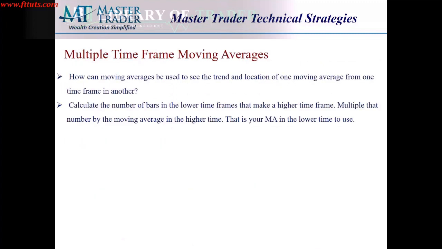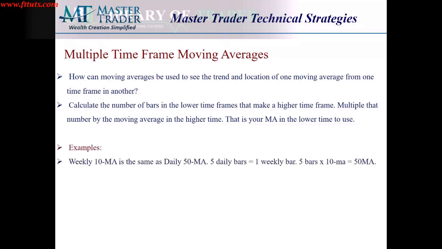How can we calculate moving averages to see the trend and location of one moving average from one time frame and another? We calculate the number of bars in the lower time frame that make a higher time frame, and then we multiply that by the moving average in the higher time frame. That's your moving average in the lower one to use. So here's an example.